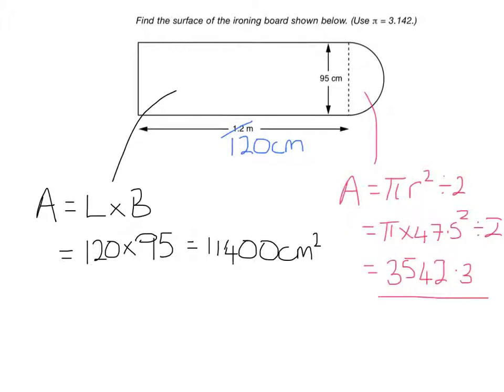So we now have our area of our semicircle here and an area of a rectangle here.